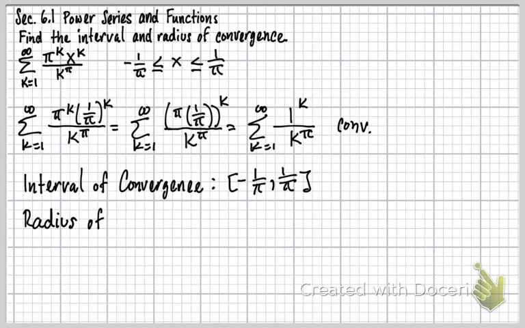The easier one would be the interval of convergence. But the radius of convergence would be r equals 1 over pi, because if I went to the center of negative 1 over pi and 1 over pi, it would be 0, and the distance from that out to the edge would be 1 over pi. So that's what my radius of convergence is. So there's our answers.